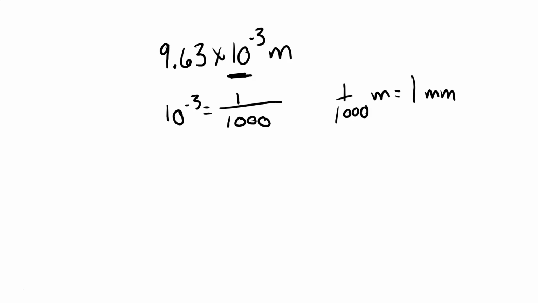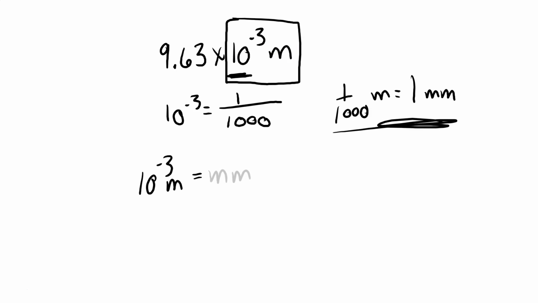So instead of connecting the 9.63 and the 10 to the minus third, we're connecting the 10 to the minus third with the units. By doing that, 10 to the minus third meters is millimeters. So that means what we've really got here are 9.63 millimeters.